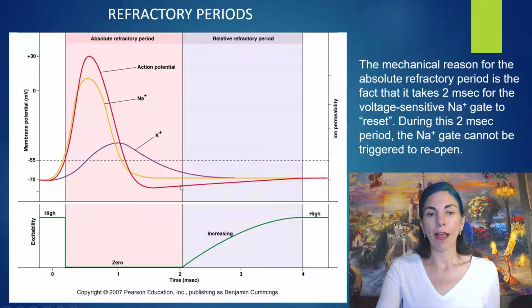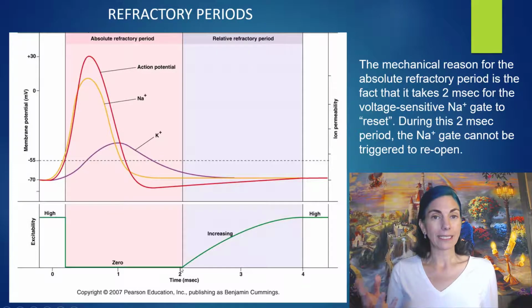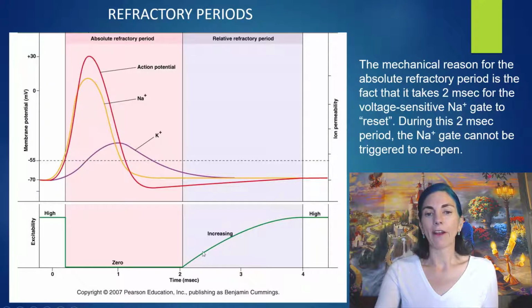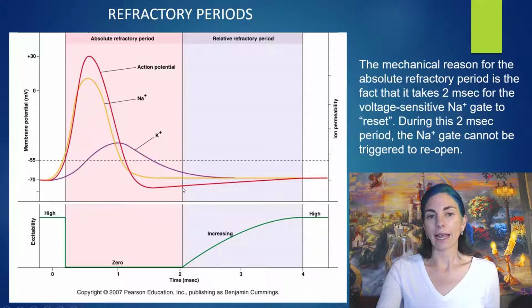It's a harder climb. It's farther to go. So we need more positive charge to bring that membrane potential right back up here to start a subsequent action potential. And so from our excitability gauge, we are excitable, but not very excitable at that 2 millisecond mark.